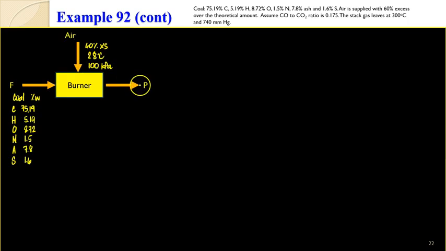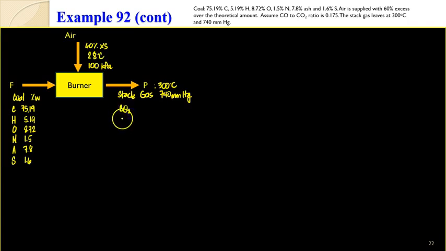And then the product gases, this one would be the stack gas, leaves at 300 degrees Celsius and 740 millimeters of mercury.